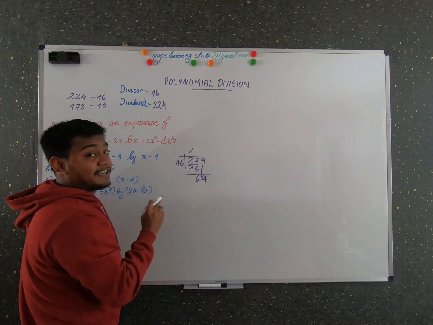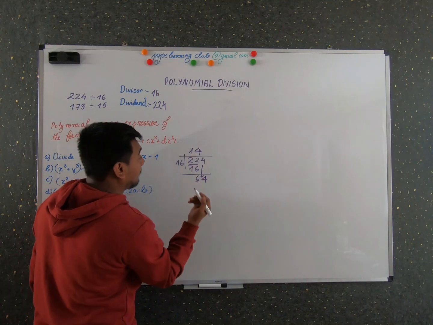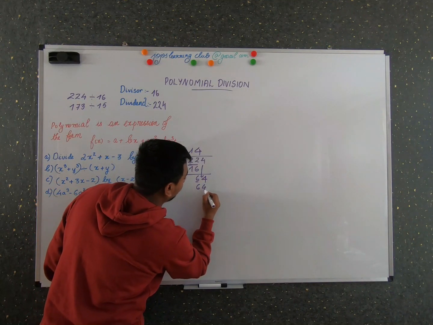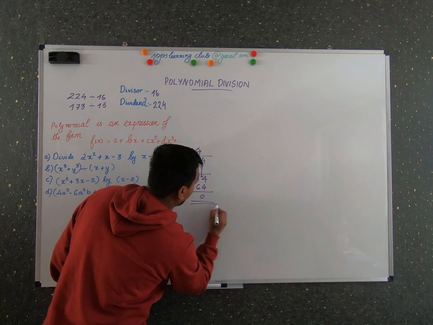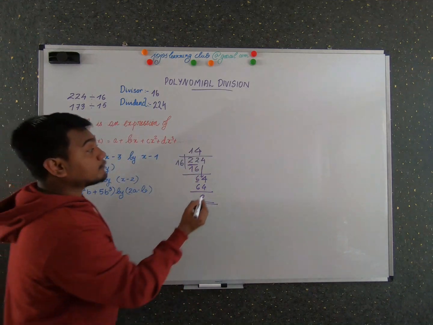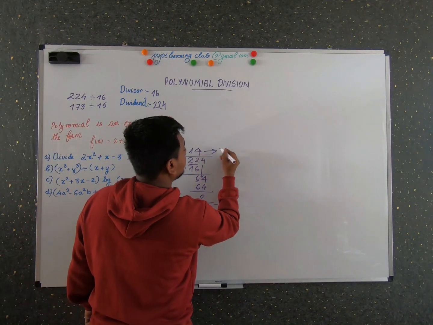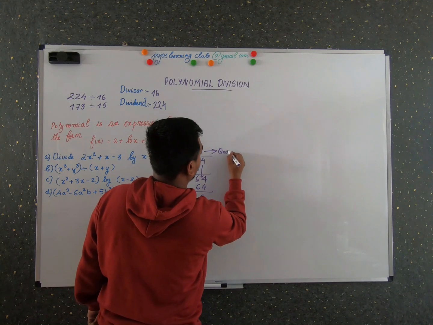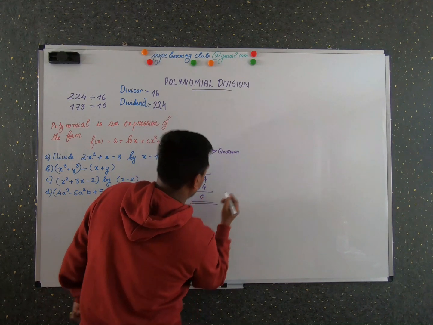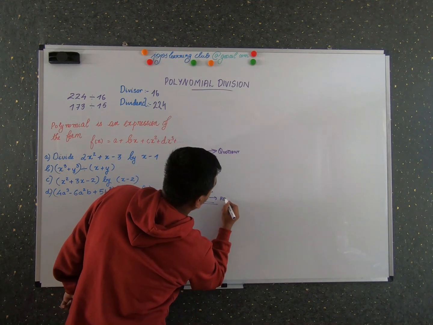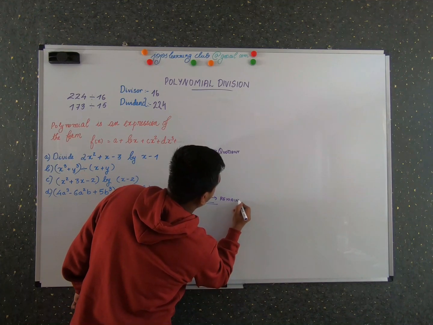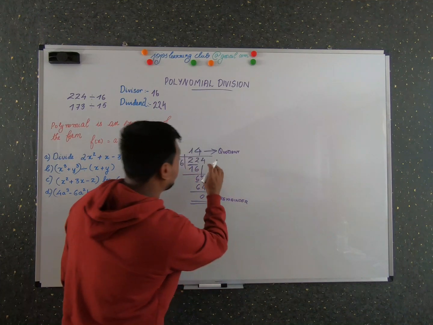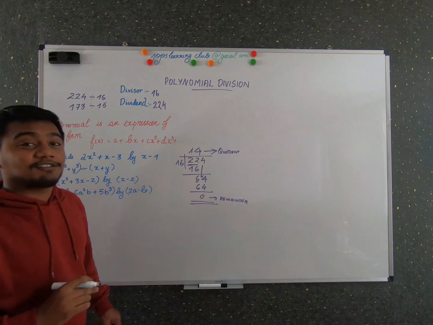Now you know that 64 is completely divisible by 16, giving 4, and 0 is our remainder. So what is 14 over here? 14 is the quotient, and 0 is our remainder. And 224 is our dividend and 16 is our divisor.